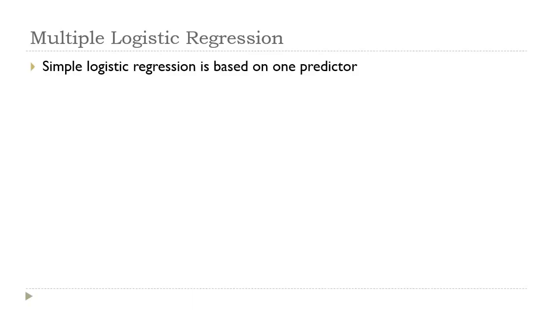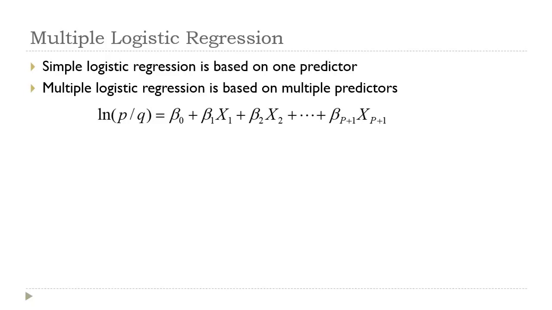Simple logistic regression is based on one predictor. Multiple logistic regression is based upon multiple predictors, and look at the familiarity of this formula. Beta 0 plus beta 1 x1 plus beta 2 x2, and so forth, all the way to our last beta x. On the left-hand side of the equation is where things are different than what we're used to, although we did see this with simple logistic regression.